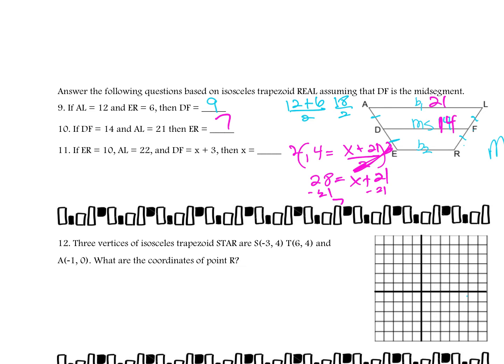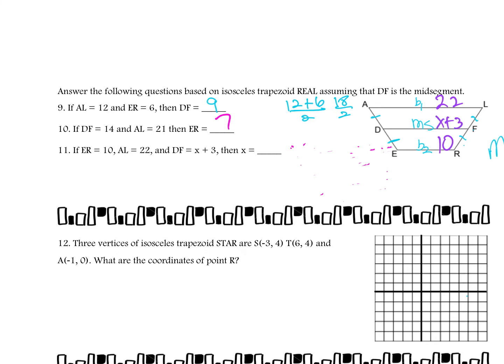So let's do the next one. I'm going to erase all that, maybe. And then I have E to R is 10. And then it says A to L is 22. And D to F is X plus 3.